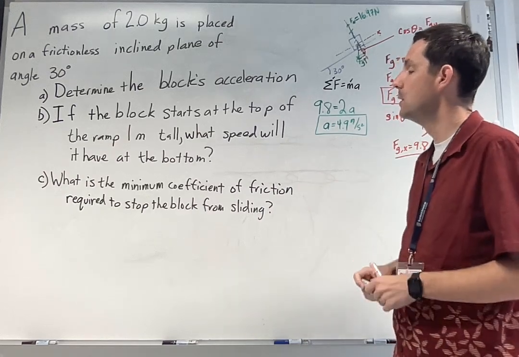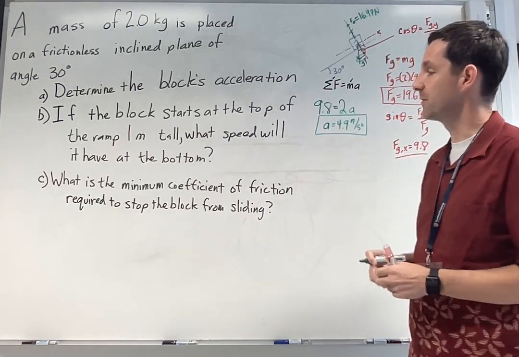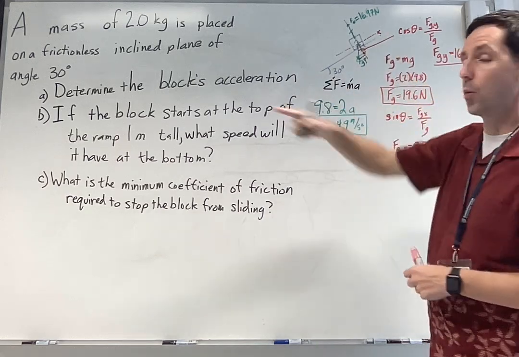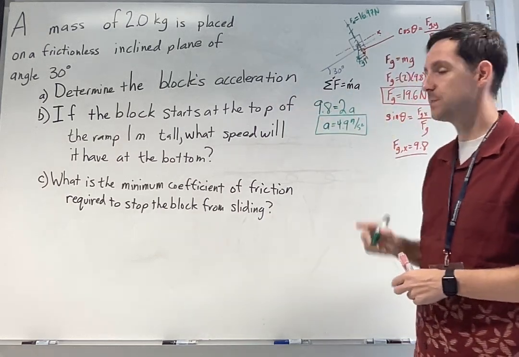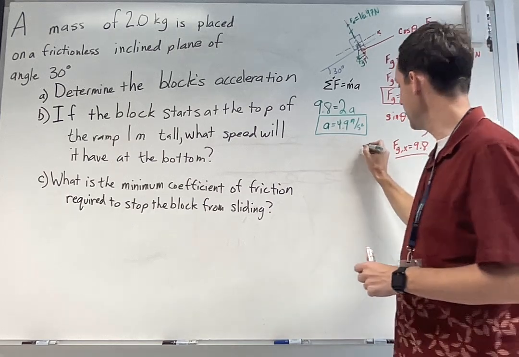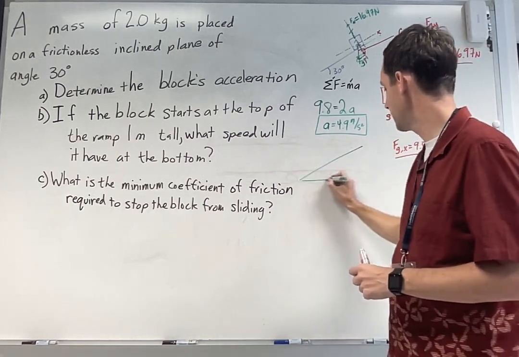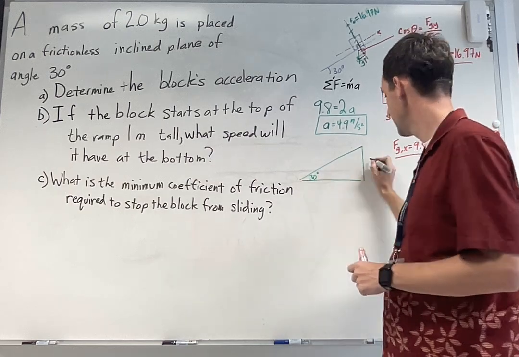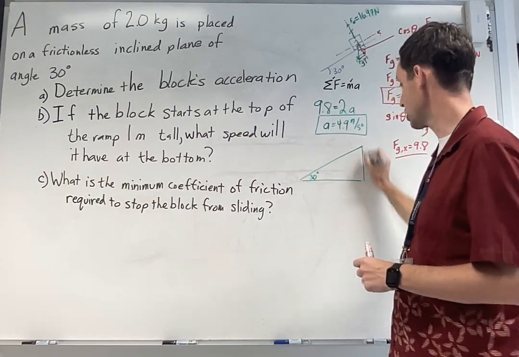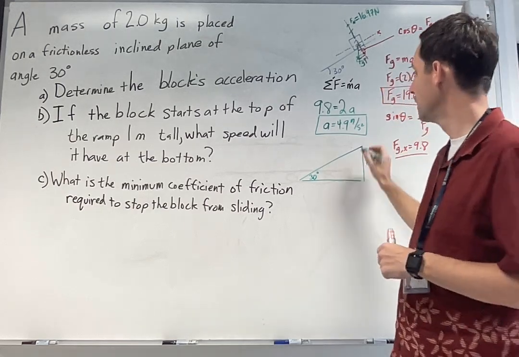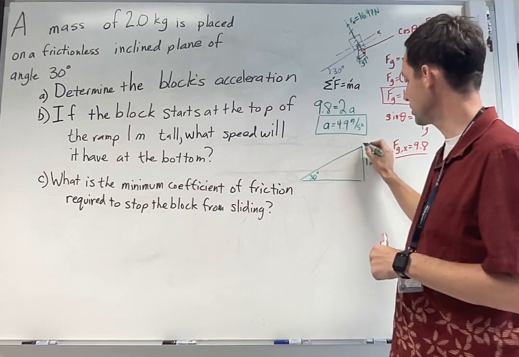That's fine. Letter B says if the block starts at the top of the ramp and the ramp is 1 meter tall, what speed will it have at the bottom? Okay, well, if we take the ramp, which we know is 30 degrees, and it's 1 meter tall, then we should now be able to use our acceleration.